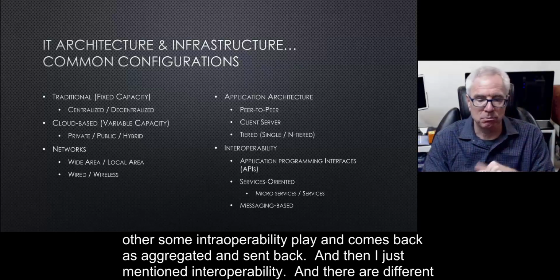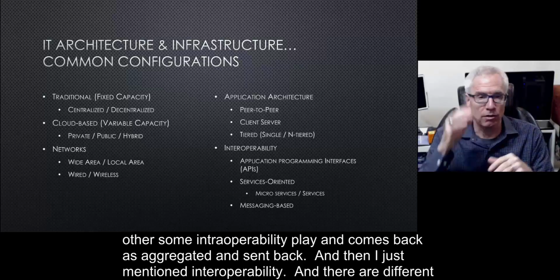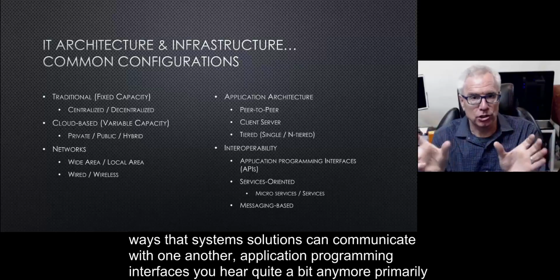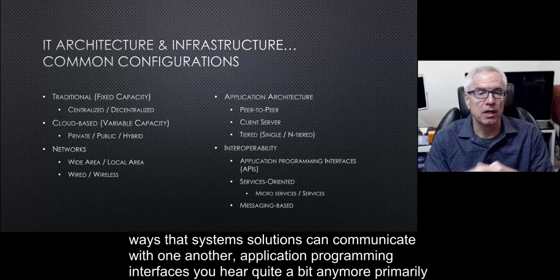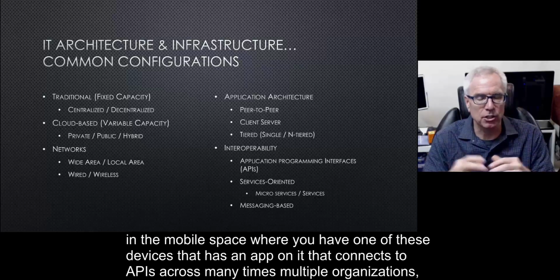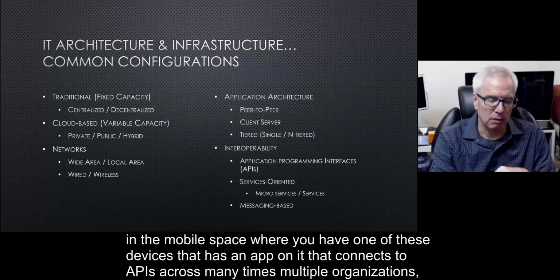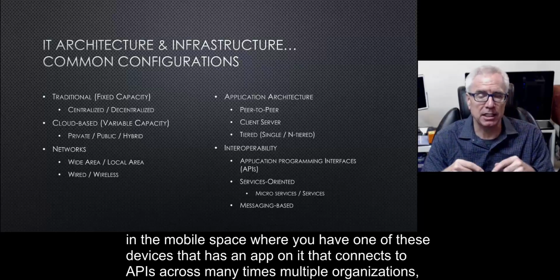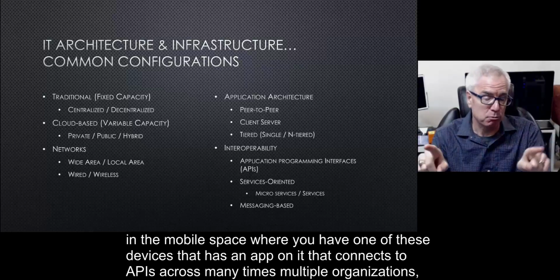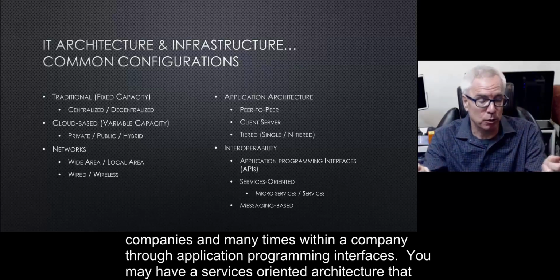And then I just mentioned interoperability, and there are different ways that systems and solutions can communicate with one another. Application programming interfaces, you hear quite a bit anymore, primarily in the mobile space, where you have one of these devices that has an app on it that connects to APIs across many times multiple organizations, companies, and many times within a company.